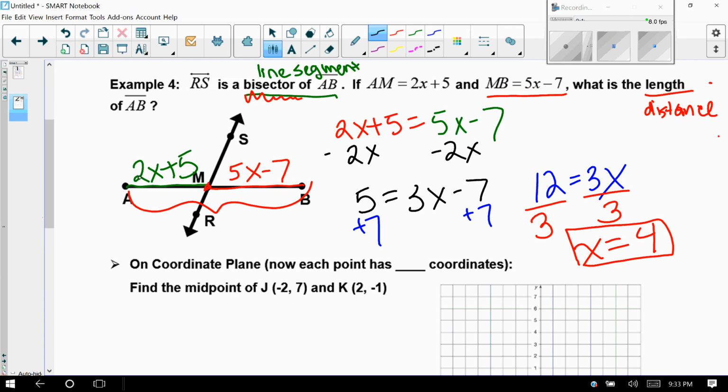So I have 2 times 4, x is 4, plus 5, right? 2 times 4 is 8, plus 5 is 13, right? I don't even have to plug it into this side. You can if you want, but you need to get 13, right? 5 times 4 is 20, minus 7 is nice, 13, good, perfect.